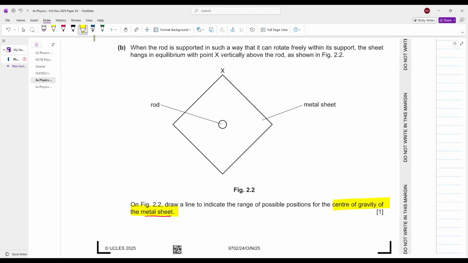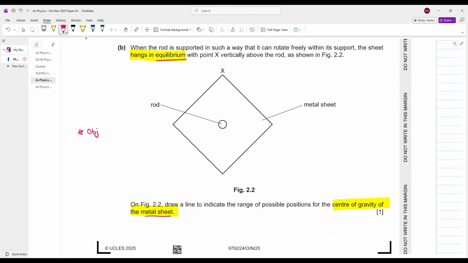Now you have to realize one thing. The sheet hangs in equilibrium. बेटा, हमारी शीट इक्विलिब्रियम में हैंग कर रही है. Whenever you are in equilibrium, write down a key point.